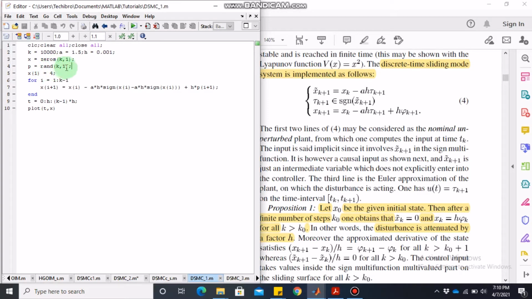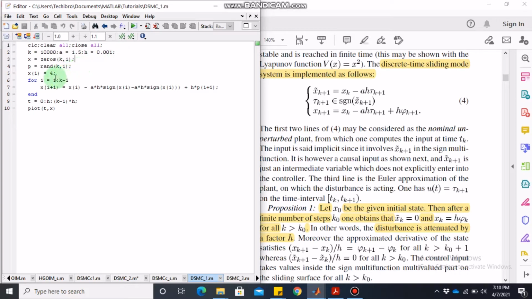In this case study I have generated the disturbance myself, this is not given in the paper, so it's just to test what they claim in the paper. So x will of course be of the size of the number of time steps, and this is the step size 0.001, which is 1 over 1000.